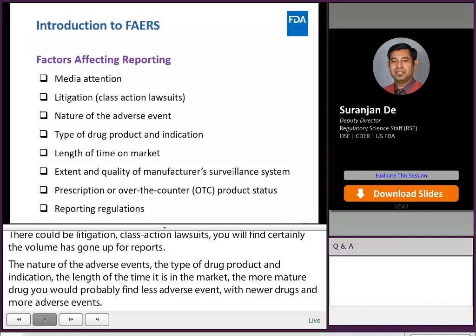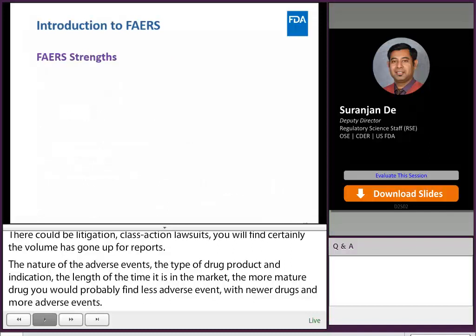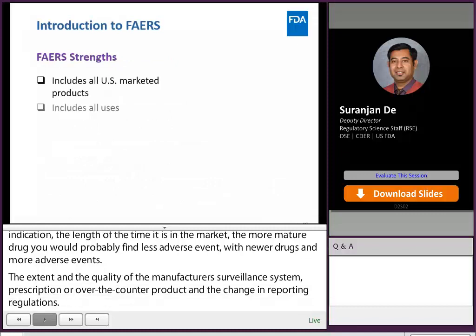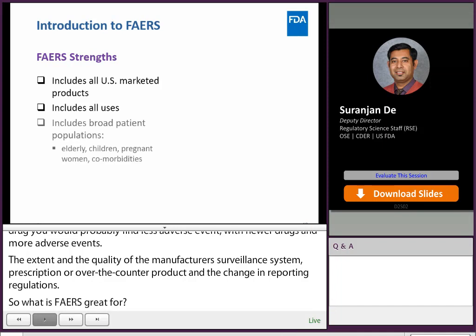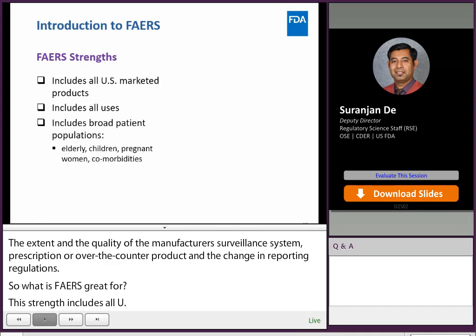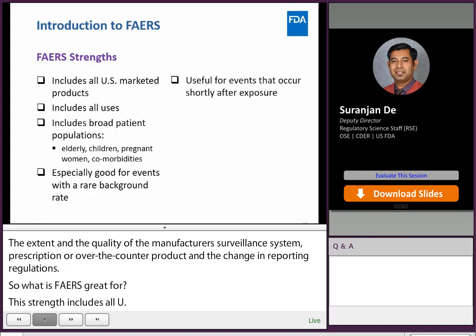So what is FAERS great for? Its strengths include all US marketed products and all uses. It includes a broad range of populations, elderly, children, and pregnant women, and is especially good for events with rare background rates.